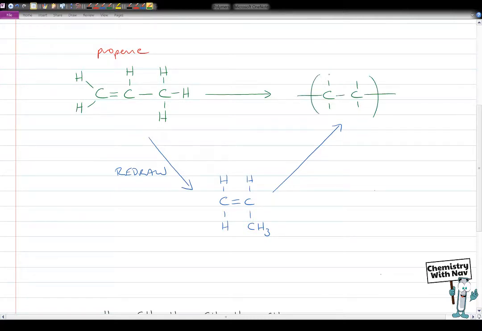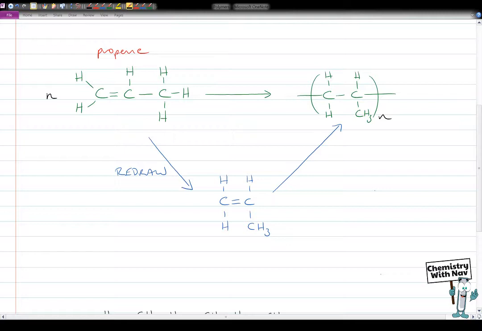So that double bond is opened out, and that is called a repeat unit, because if we were to photocopy that bracket, say 100 times, and then cut it out, we could stick them together in a row and it would show us the structure of the polymer. The only thing we need to add is the number of molecules, and so in this case we would use n number of propene molecules, which would give us an n repeat of that bracket.